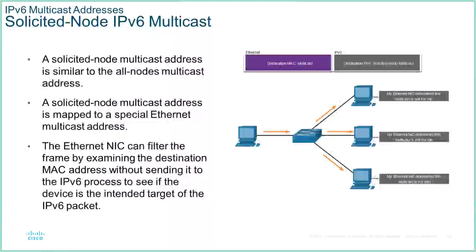So remember, multicast is a membership. When a multicast address is sent out, each individual host will look at the destination address and go, well, I'm not a member of that multicast group, so it's not for me, or it is for me.